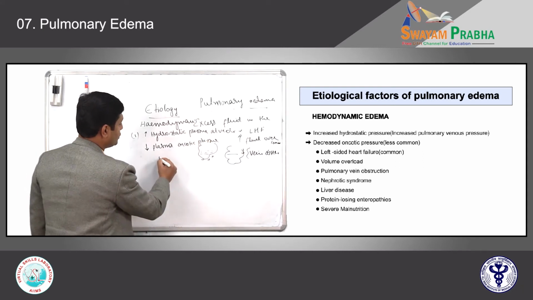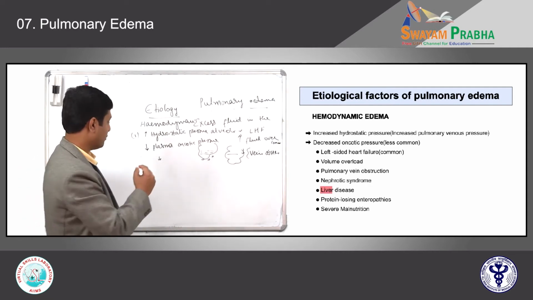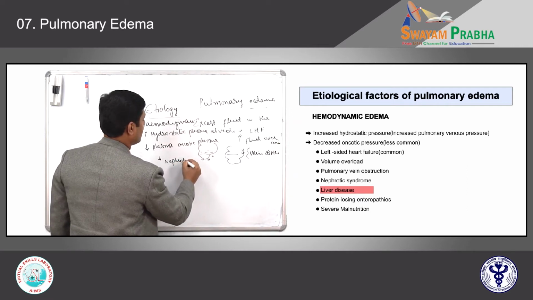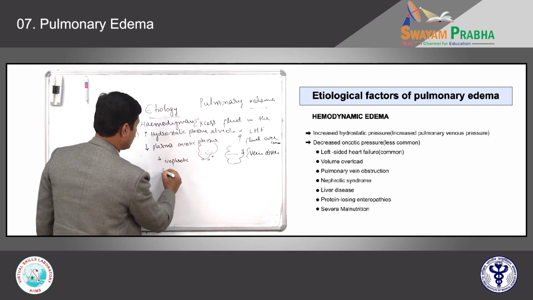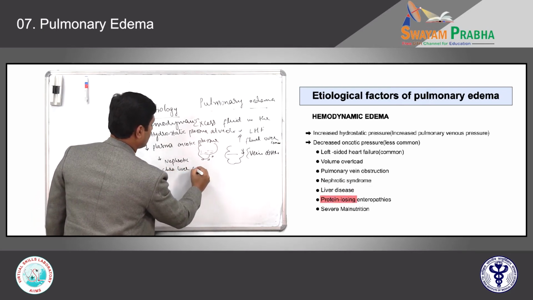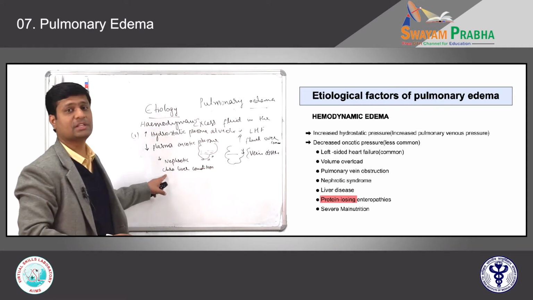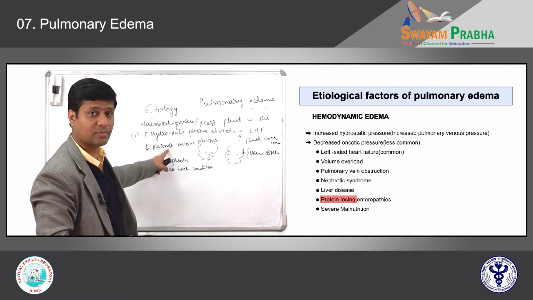Now, conditions which cause decreased plasma oncotic pressure. What are those? Nephrotic syndrome, where there is increased protein loss. Then chronic liver disease, that is cirrhosis, where there is decreased synthesis of proteins, hence decreased plasma oncotic pressure.